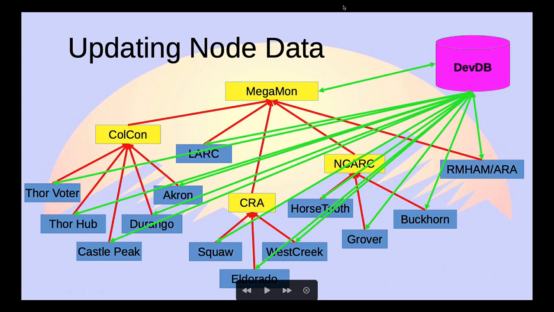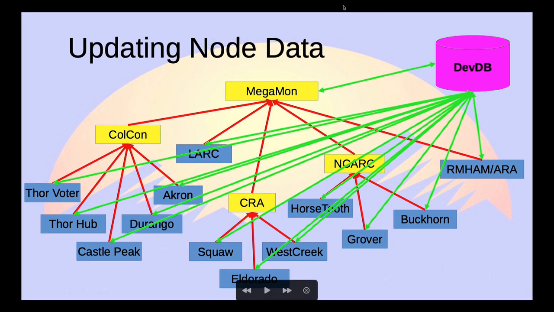This is all great, but there's one big problem with this kind of configuration, which is if a new node is added to the system, that node gets propagated up to Megamon, and Megamon knows about it. DevDB can immediately get that information and then distribute it to all of the nodes.